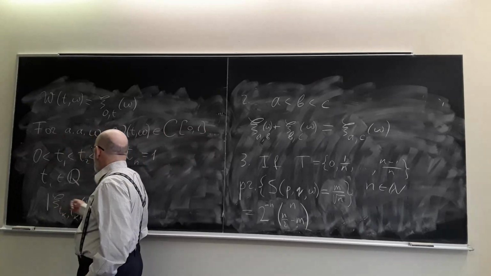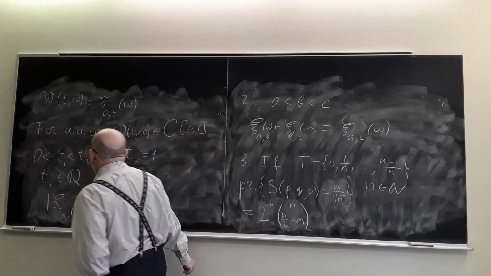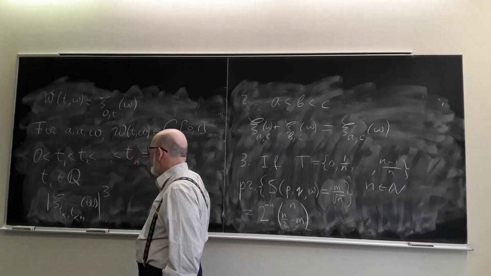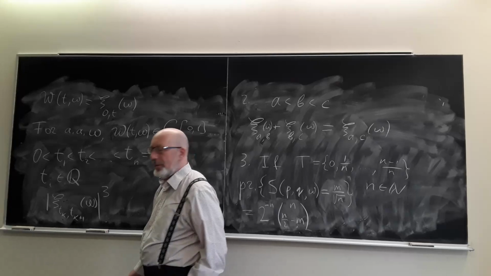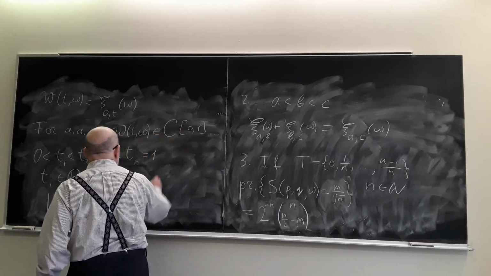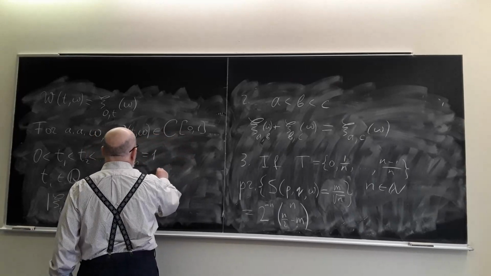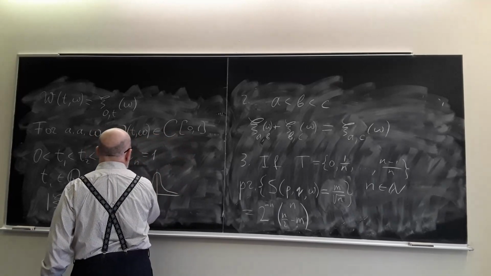Now this quantity, this C, is distributed by the Gaussian law. The distribution looks like this.